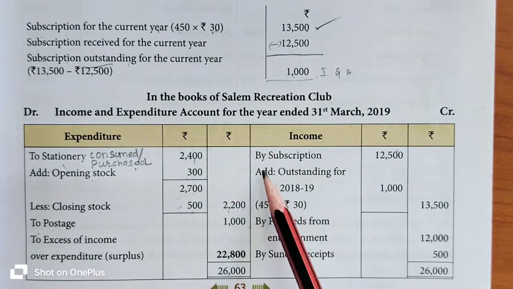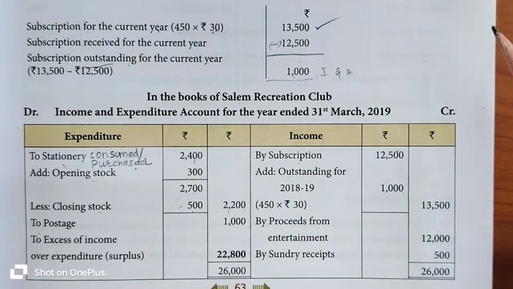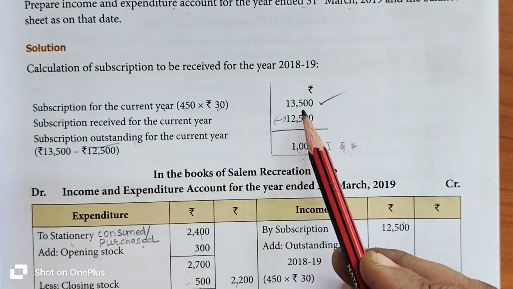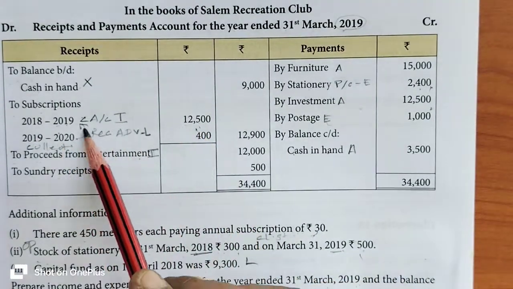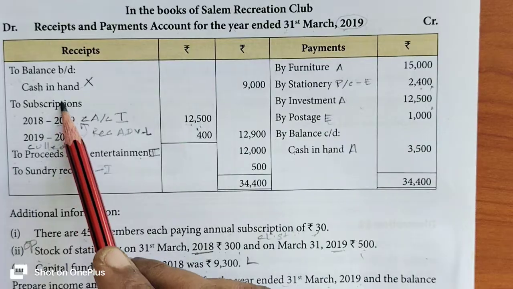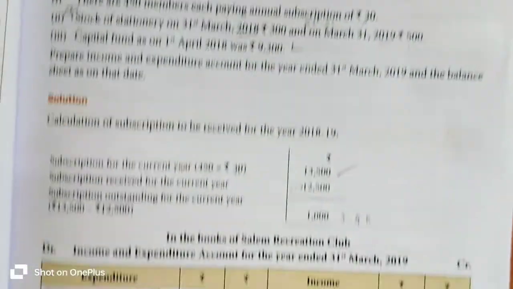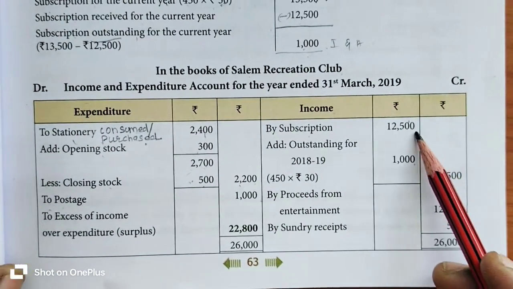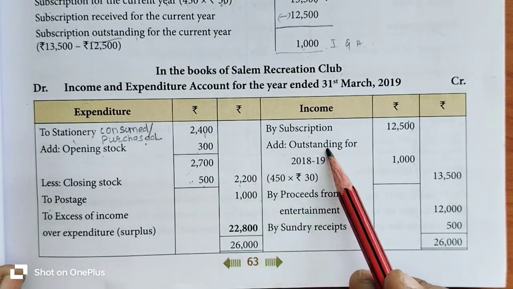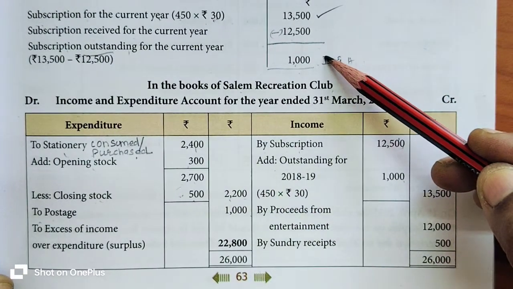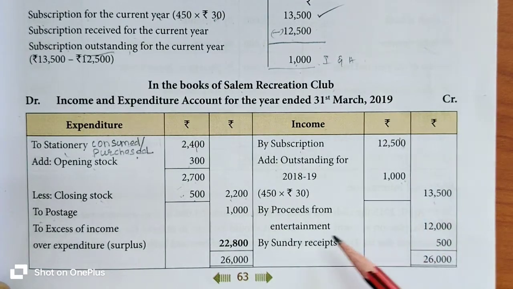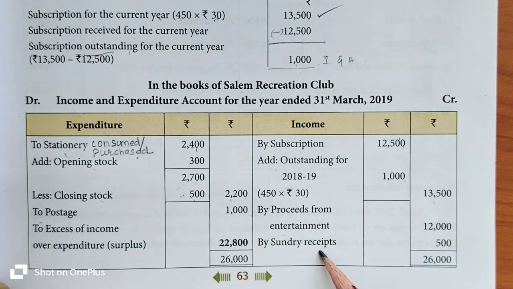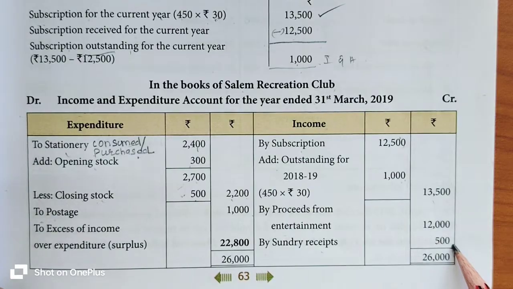Then on the income side, by subscription received during the current year, 12,500 rupees. In 2019 we received a subscription of 12,500 rupees, entered. Then after adding the outstanding subscription of 1,000 rupees, you will get 13,500 rupees. Then proceeds from entertainment 12,000 rupees and sundry receipts 500 rupees are entered.